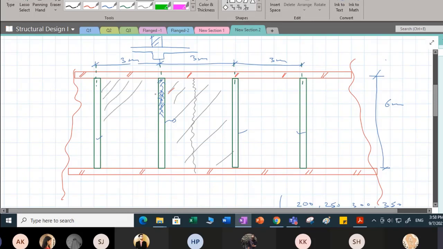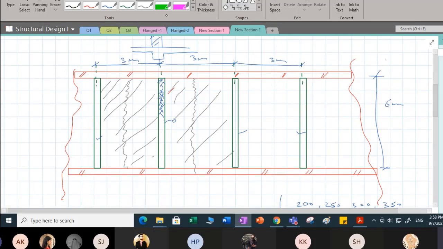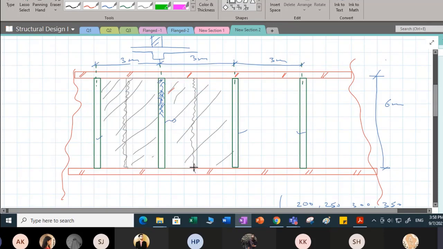Similarly, from this area, half of this slab portion load will get transferred to this beam. So I can see that my contributory area will be this part. This entire area is going to contribute the load to this beam.